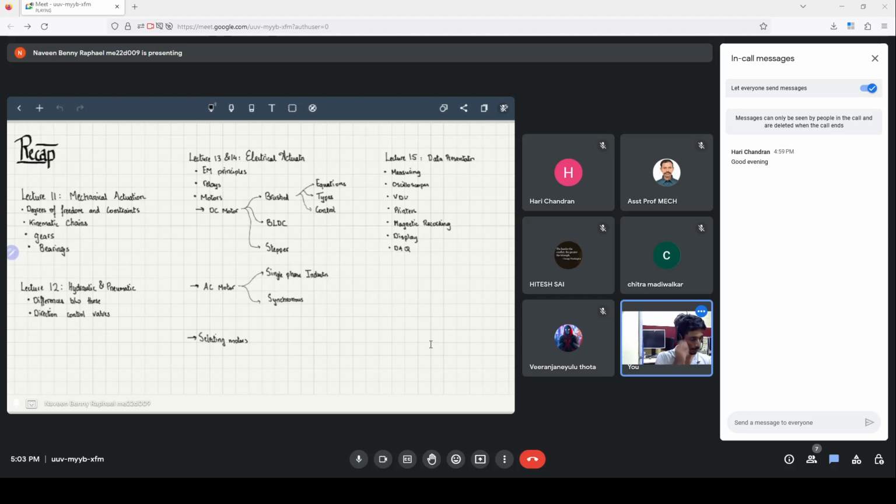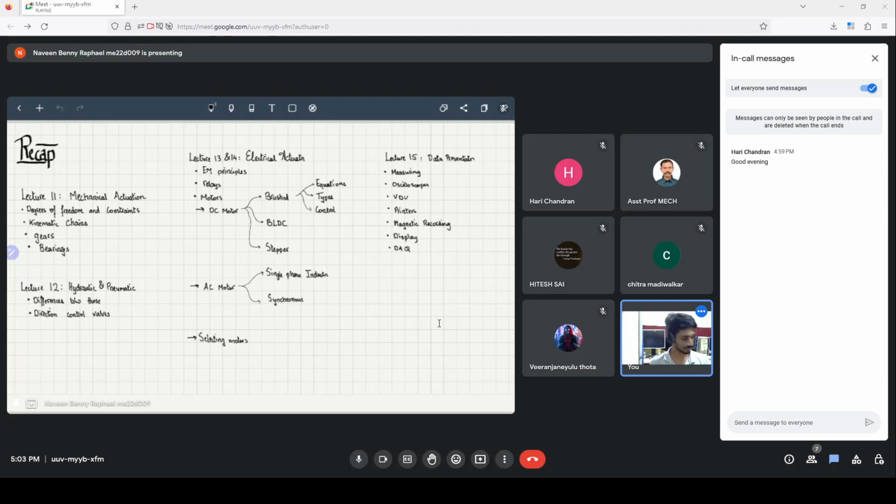Then we studied the BLDC, that is the brushless DC motors. Then in lecture 14 we also talked about the single phase induction motors and the synchronous motors. After that we took a detour back to the stepper, because the stepper motor looks more similar to AC. The operation of the stepper motor is closer to how it works for AC motors, but the stepper motor is in the end still a DC motor.